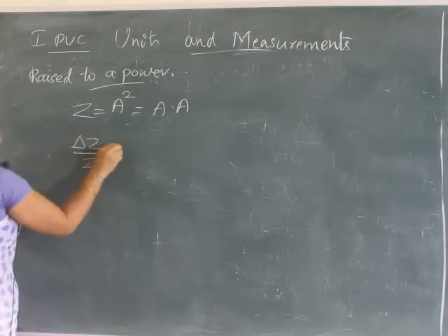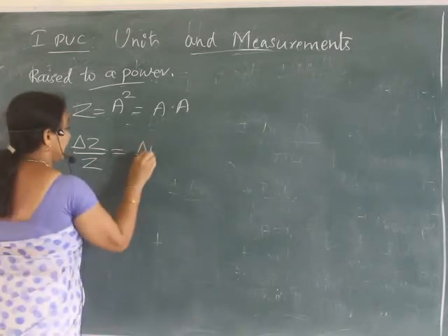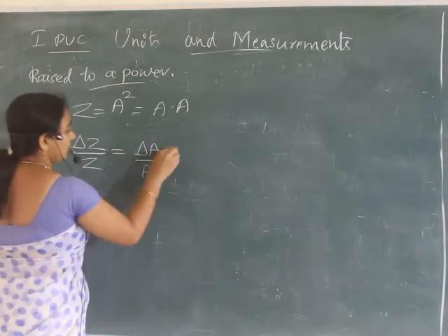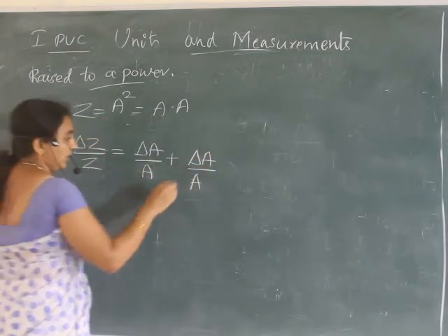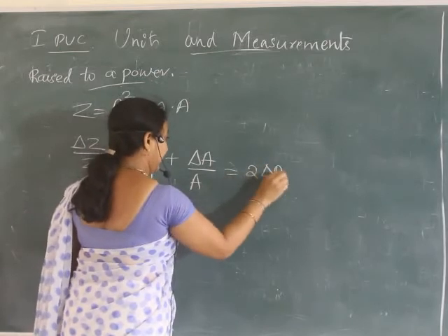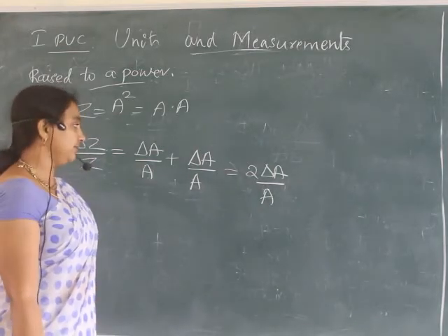Delta Z by Z is equal to delta A by A plus delta A by A, or it is equal to 2 delta A by A. When it is raised to a power, it is 2 delta A by A. Hence the relative error in A square is 2 times delta A by A.